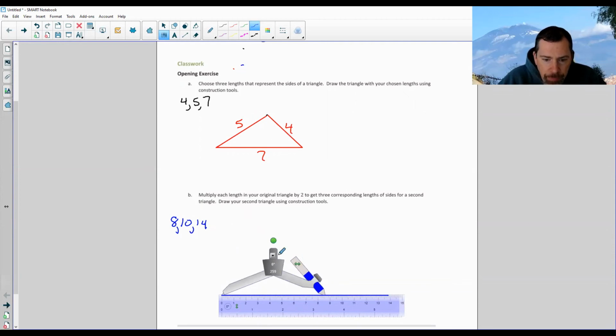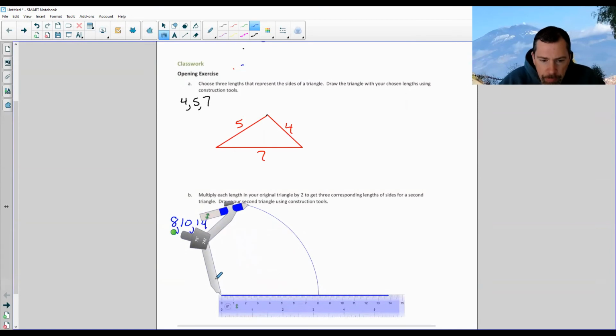Okay. So let's do the size 8 first. Somewhere on this arc will be a length of 8. Move it over to 14. How am I going to do this?